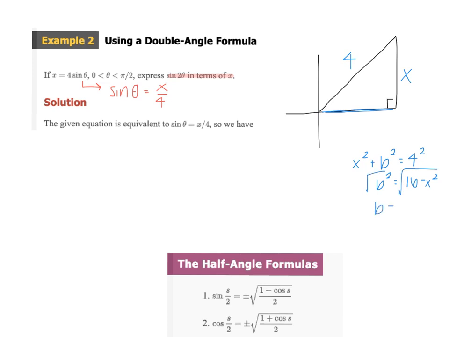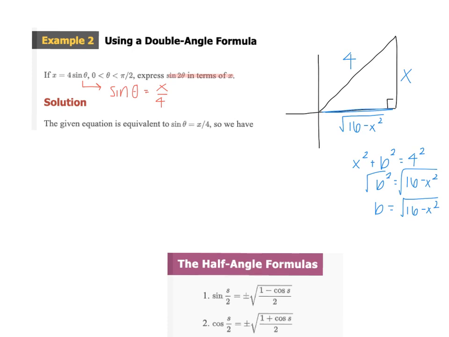So this side length right there is actually square root of 16 minus x squared. Very, very weird. Again, it has a square root and an x squared, so people get nervous, but all you need to know is that is your side length. Notice it's positive because it's going in the positive x direction.